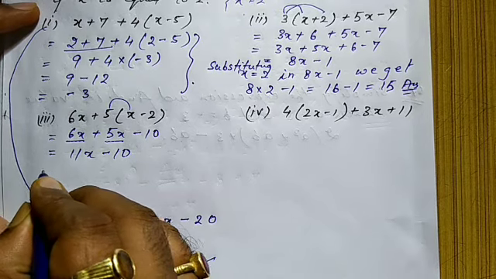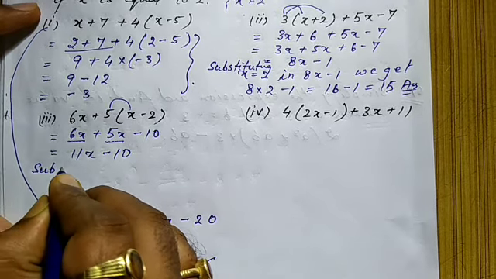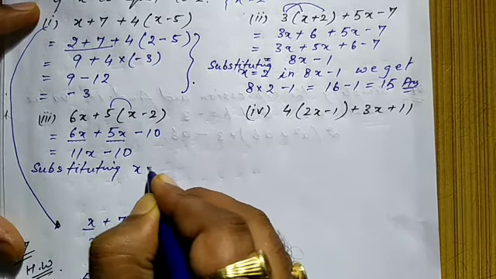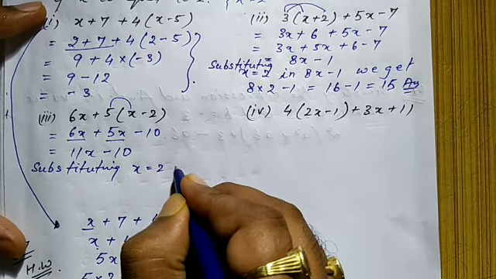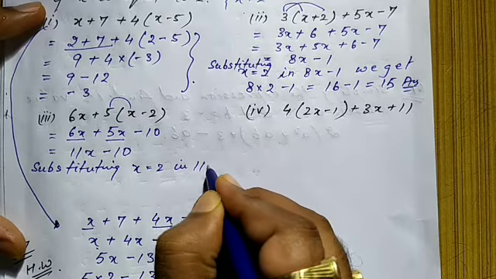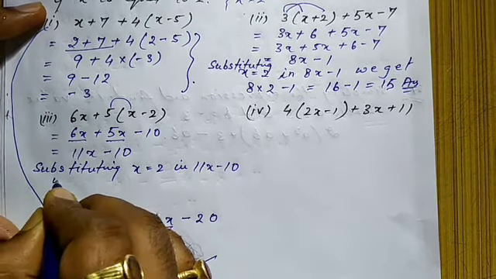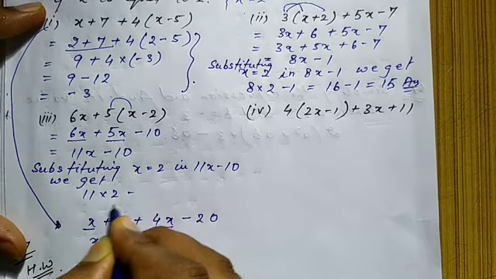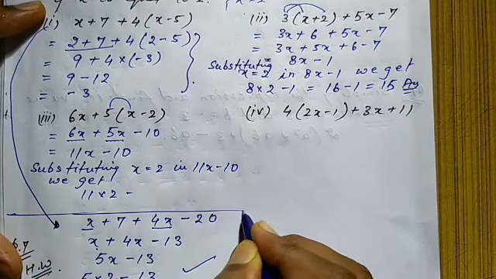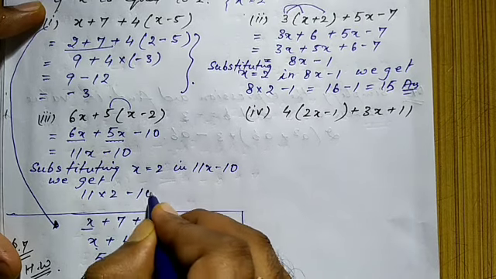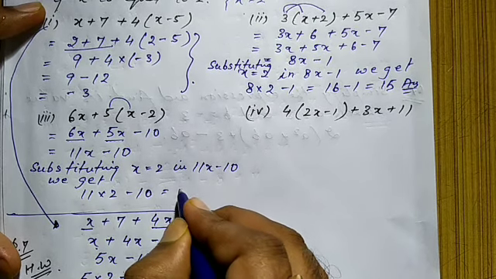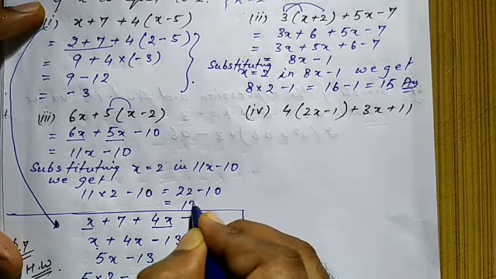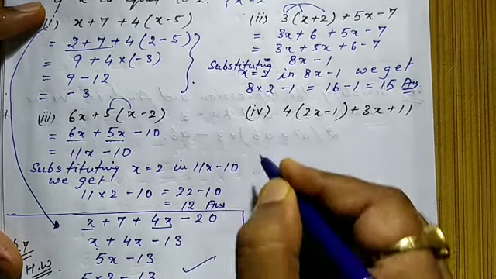Now substituting x is equal to 2 in 11x minus 10, we get 11 into 2 minus 10. 11 twos are 22 minus 10, this will become 12. Okay, so the answer is 12.